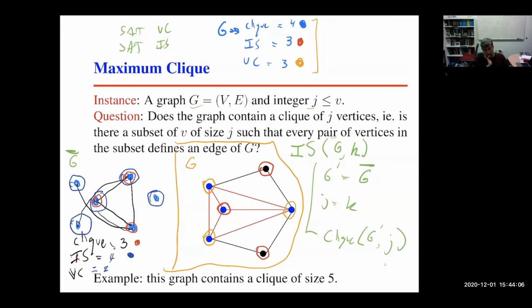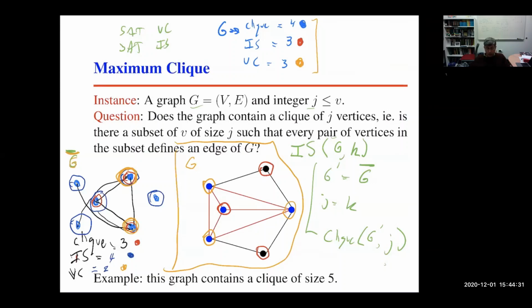Actually, let me make that here. If I pick this vertex and this vertex, I will get every single edge in the graph covered. Does everybody see this? So this is in G prime, the complement.